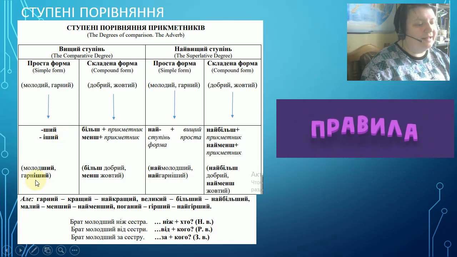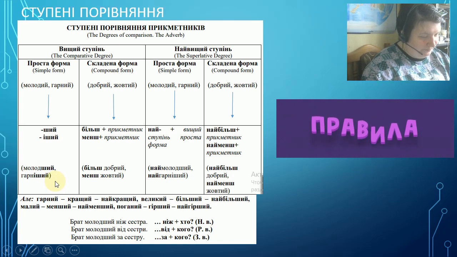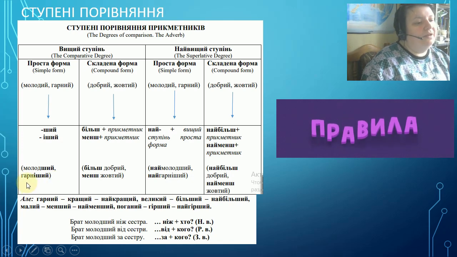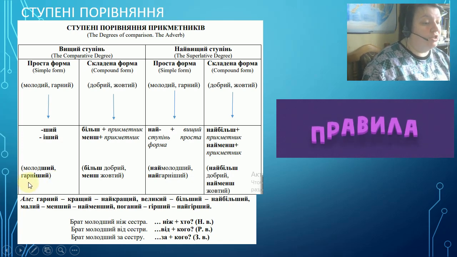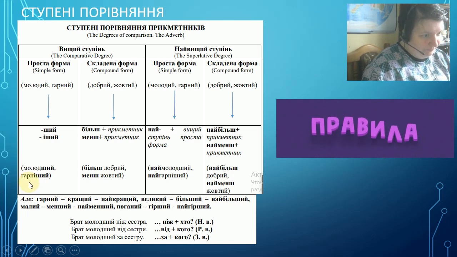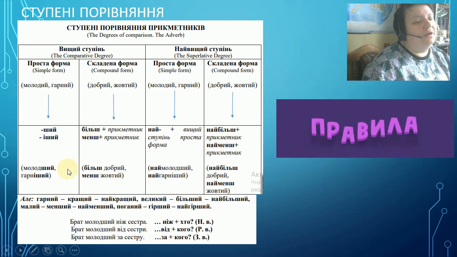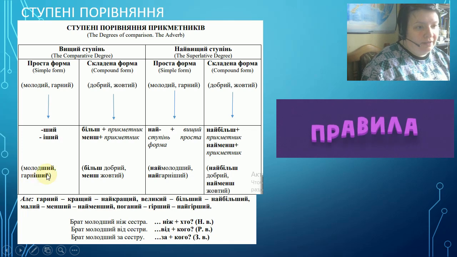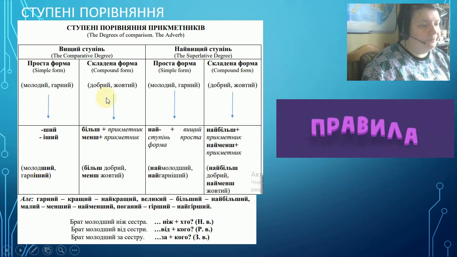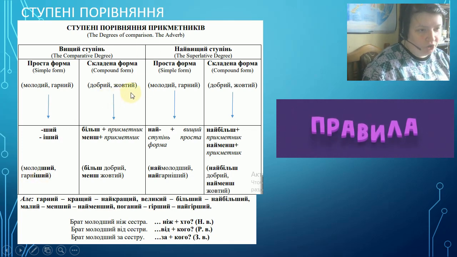Молодший, гарніший. Okay, молодший, гарніший. And compound form. Добрий, жовтий, kind, yellow.